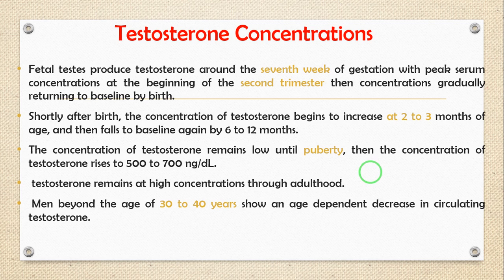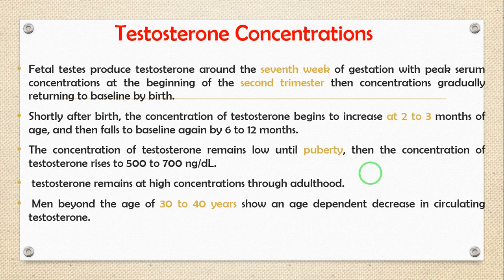For example, it first starts to increase during embryonic life at the 7th week of gestation, and continues to increase to the beginning of the second trimester, where each trimester is 14 weeks. At the beginning of the second trimester, it reaches the peak of its level during fetal life. Then after that, the concentration declines until it returns to the baseline at birth.